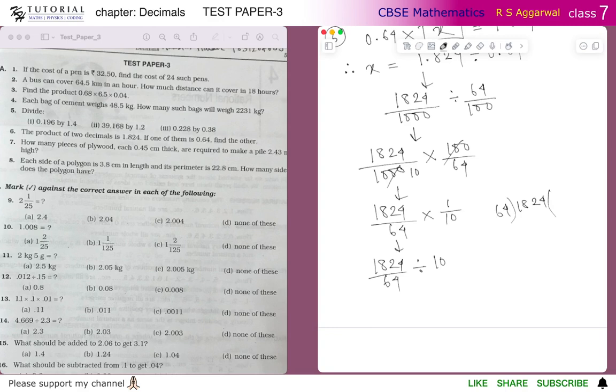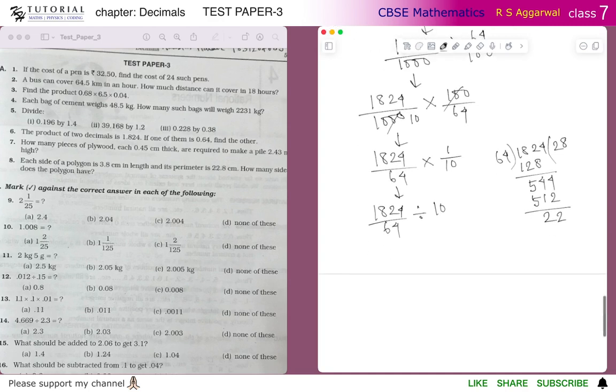Now we have to put a decimal point in the dividend as well as in the quotient.